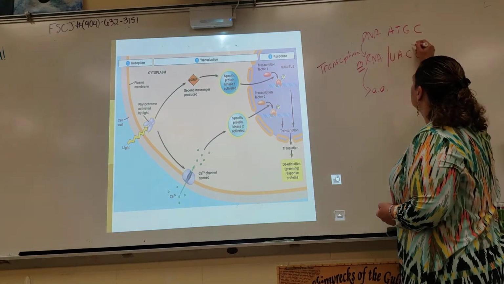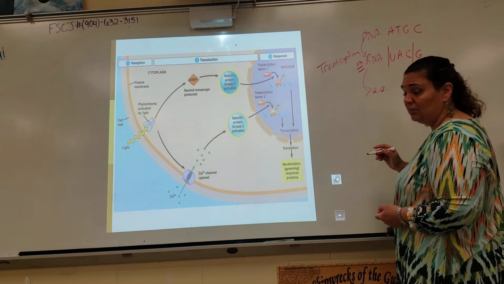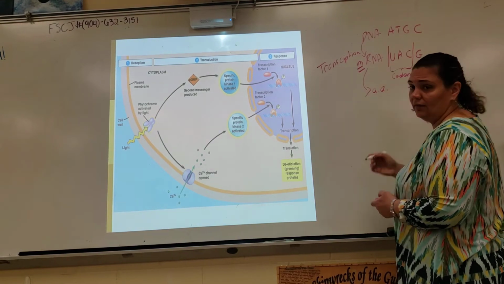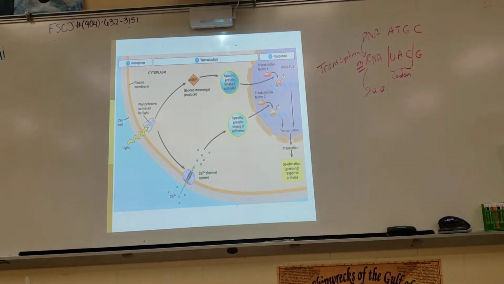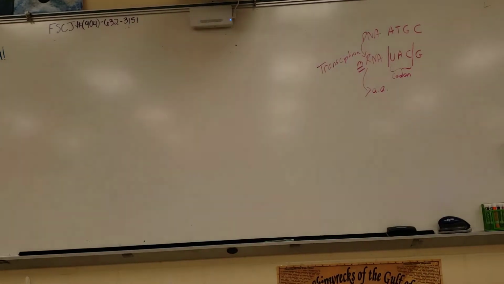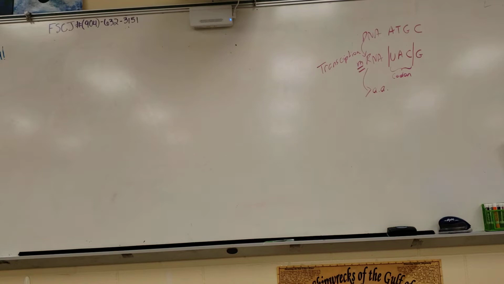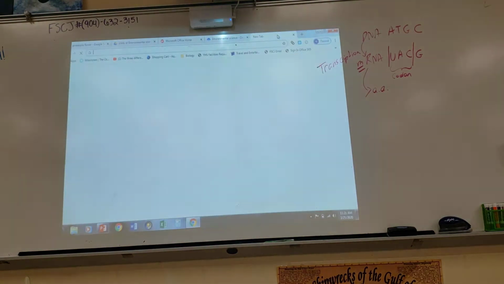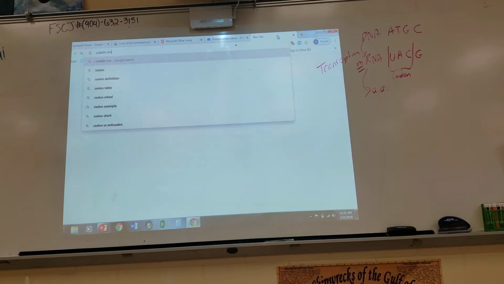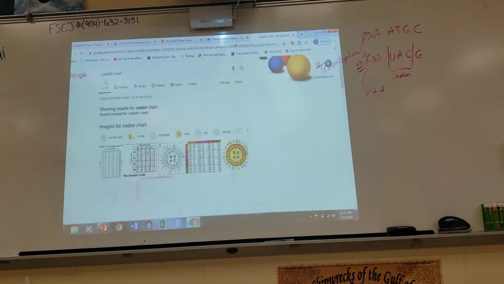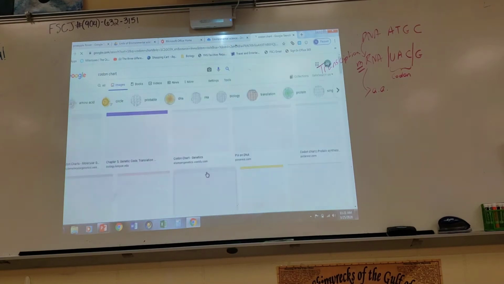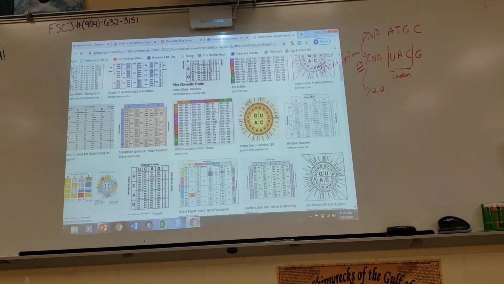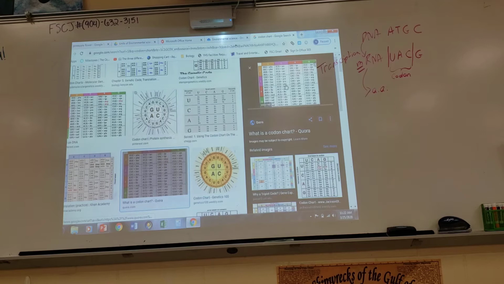We're going to read this 3 letters at a time because that's your codon, right? And I don't have the codon chart up, but I'm going to pull it up in just a heartbeat. UAC, you can read it with either one of these.